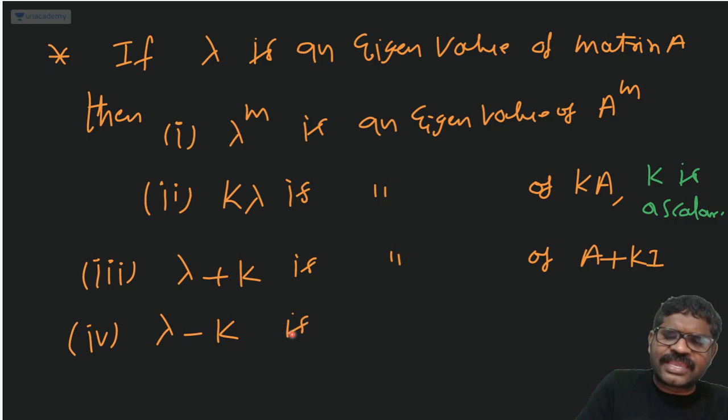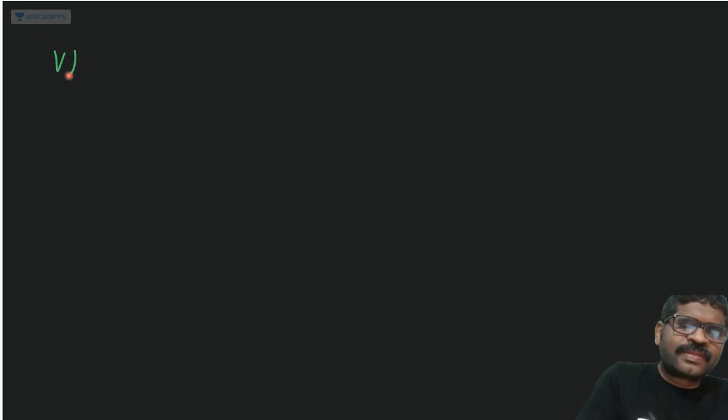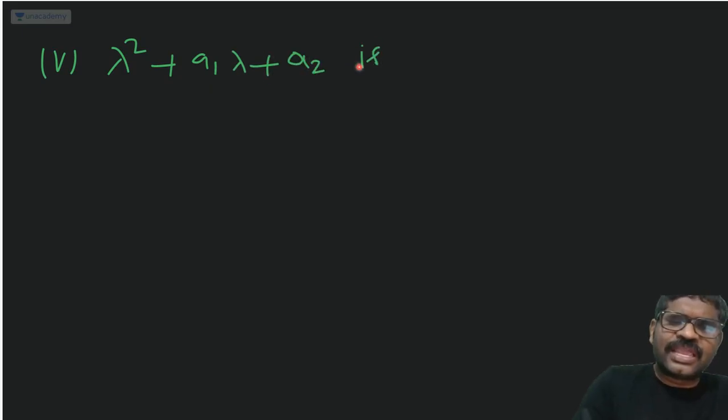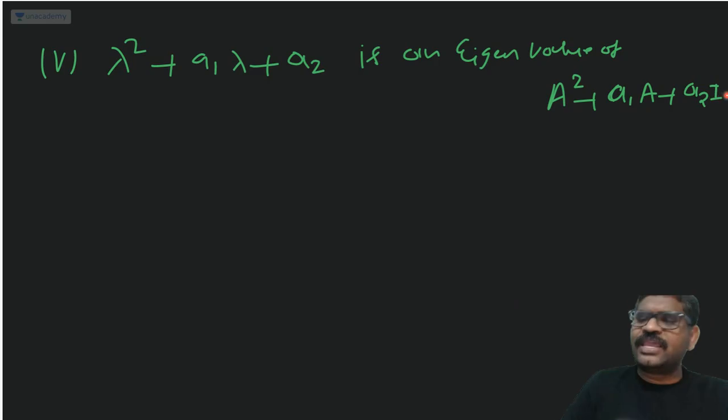Lambda minus K is an eigenvalue of A minus KI. Next, fifth property. Lambda square plus a1 lambda plus a2 is an eigenvalue of A square plus a1 A plus a2 I.